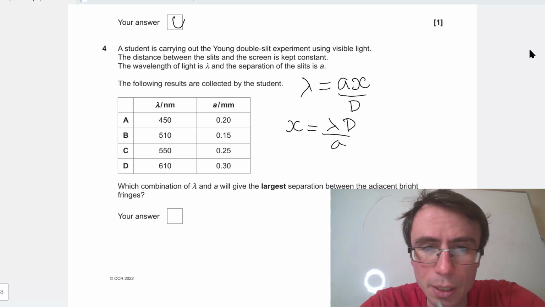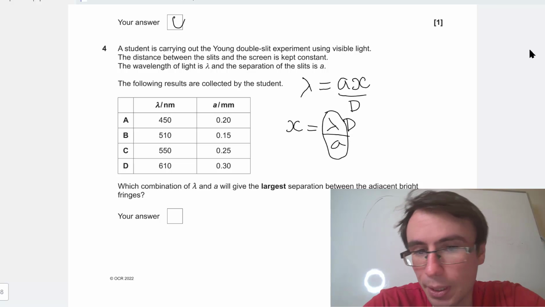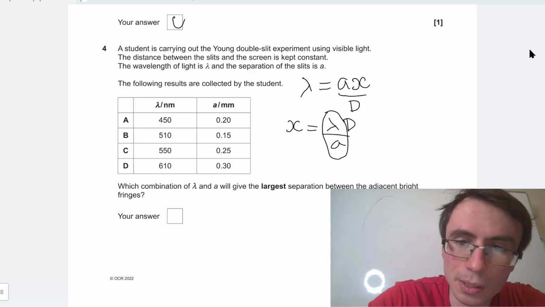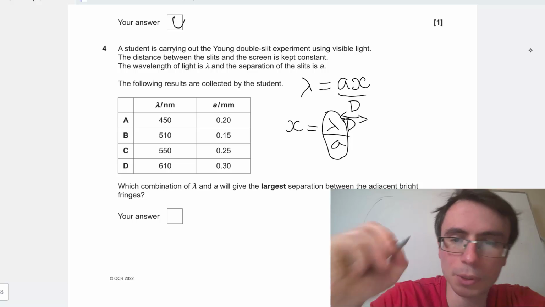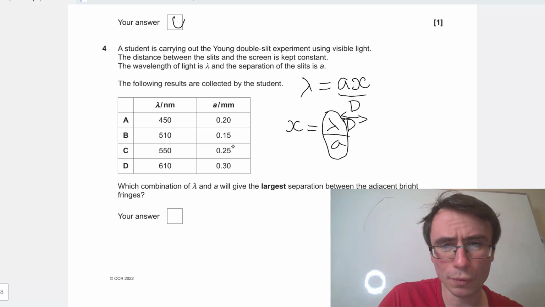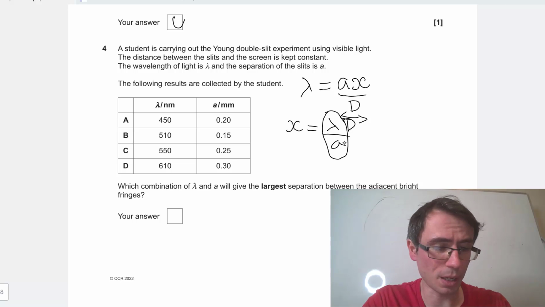Which combination of lambda and a will give the largest separation? Basically we want the ratio of lambda and a to be the largest. This distance D is kept constant, so I think all I need to do is calculate these 4 and see which one will give me the largest.